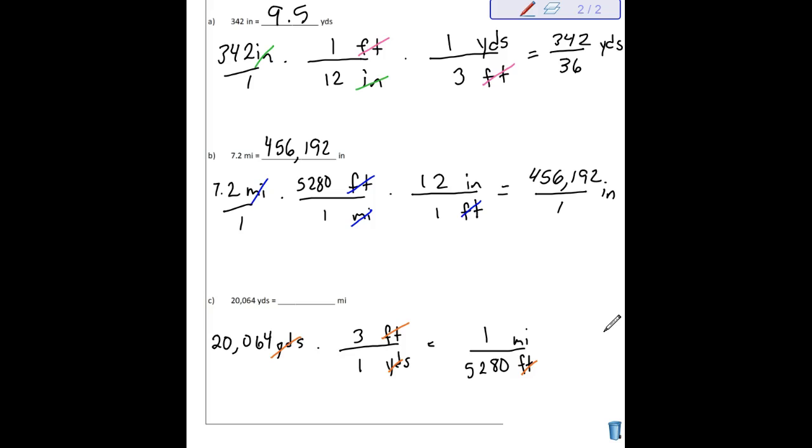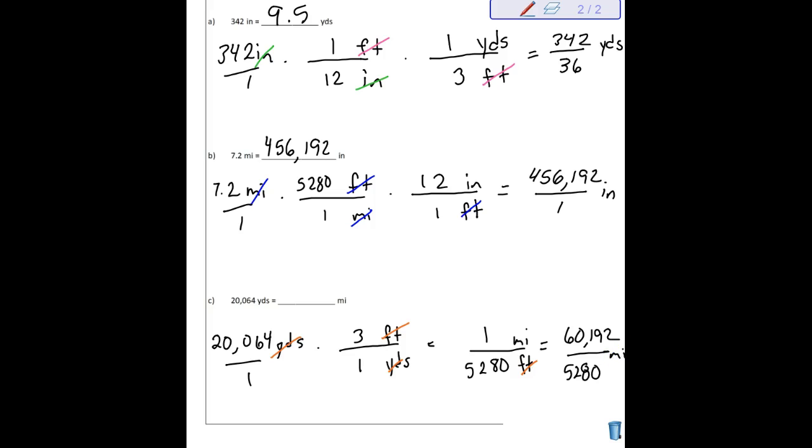So I go ahead and multiply out our 20,064 times 3 times 1, and we get 60,192. And then in my denominator, 1 times 1 times 5,280.